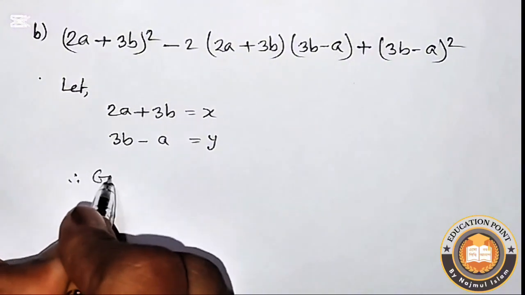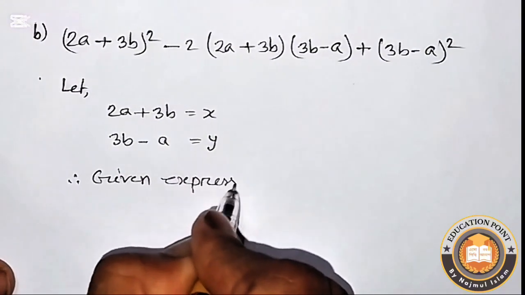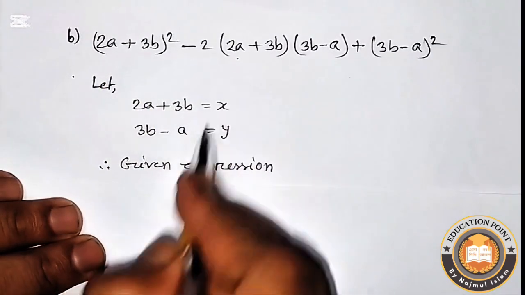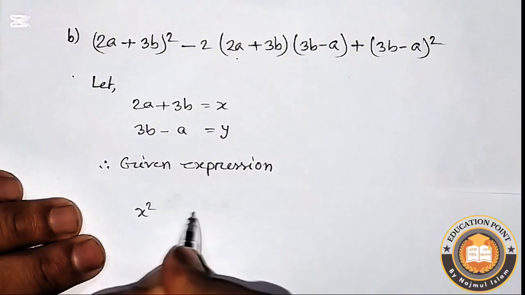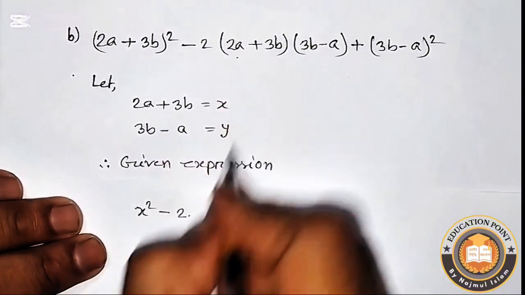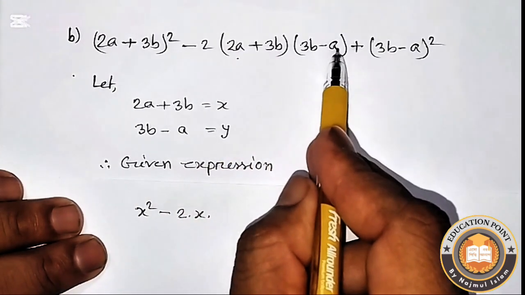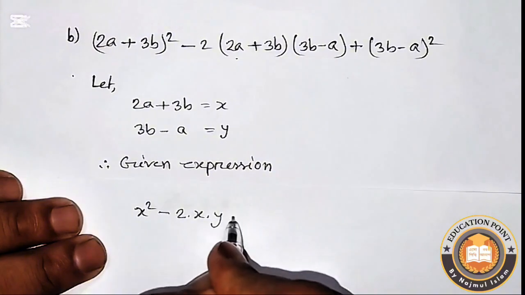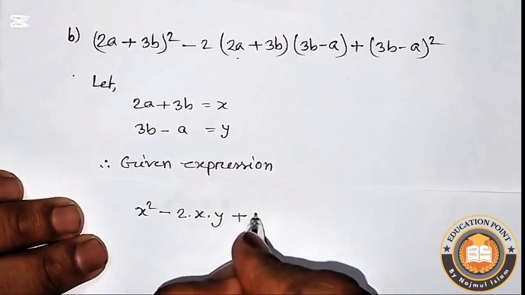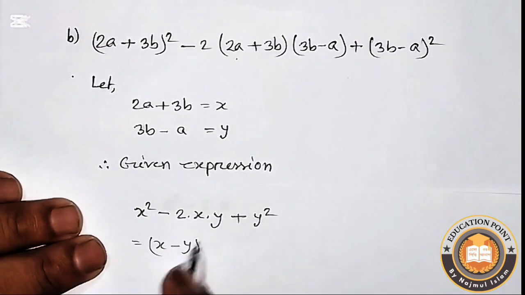So given expression, here 2a plus 3b consider as x, that means x square minus 2 into x into y, plus 3b minus a consider as y, that means y square. This is the formula of (x minus y) whole square.